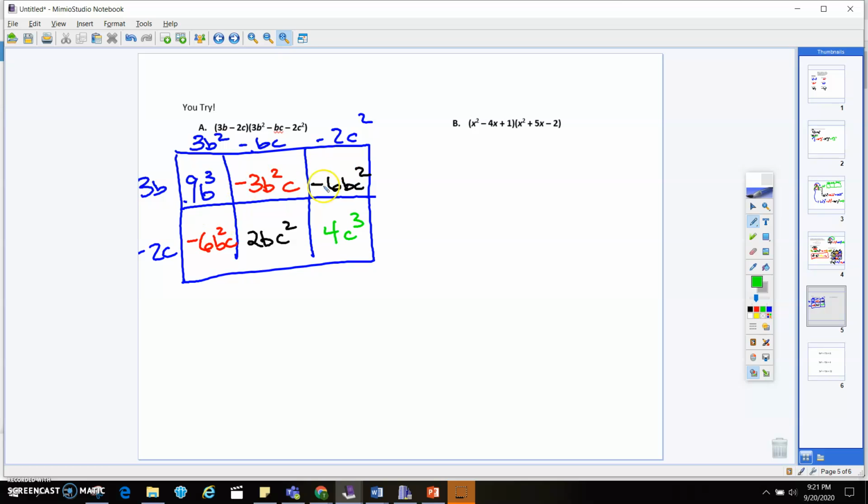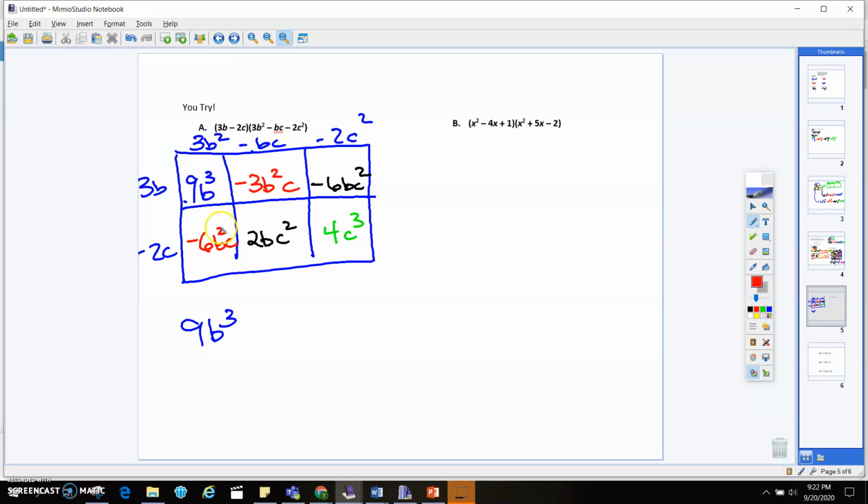Now notice how I did these diagonals in the same colors. These diagonals are what you're going to add together. So for instance, we're just going to bring down that 9b to the third, okay, 3b squared c, and negative 6b squared c. Well, those have the same terms. Both are the same.